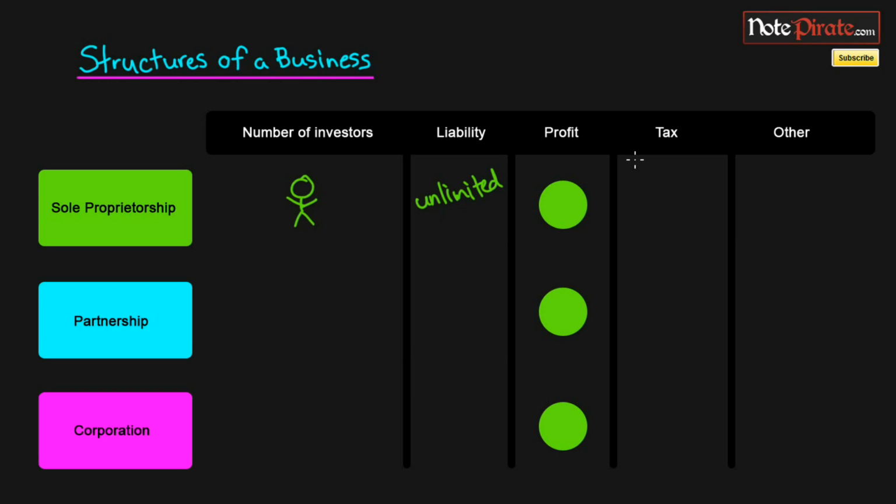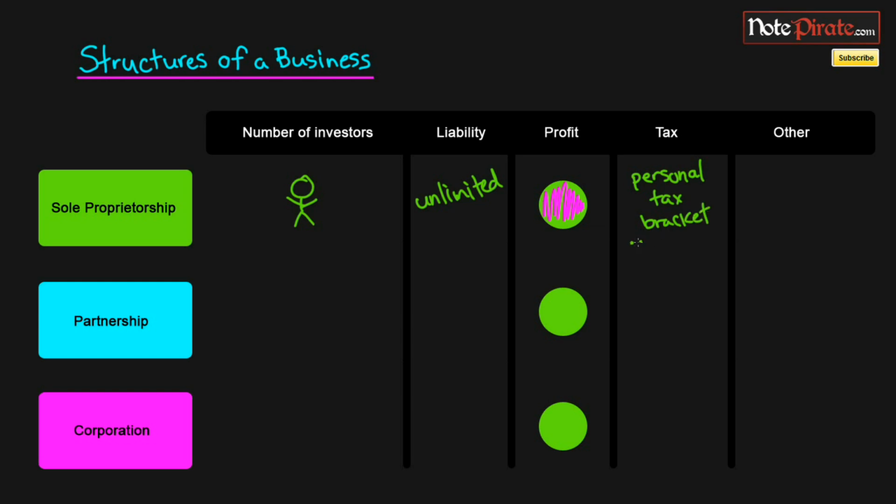So that is unlimited liability, and it only seems fair that you'll receive unlimited profit if you do generate profits from your business. Now the tax issue with a sole proprietorship is that it's based on your personal tax bracket, and this can be favorable or unfavorable depending on how much income you make.